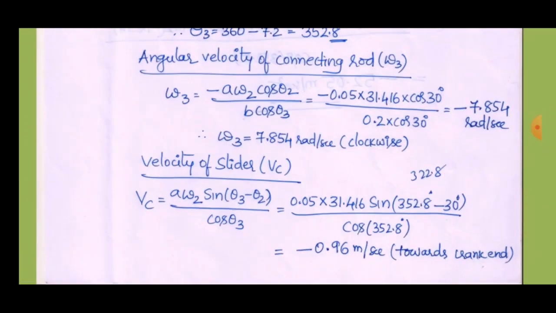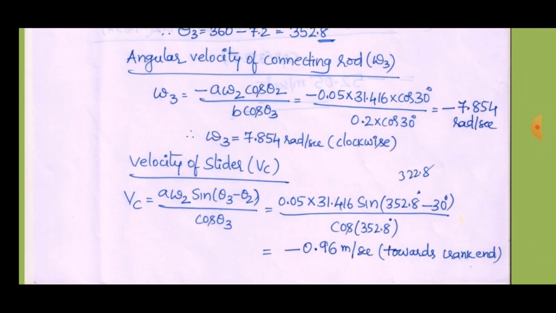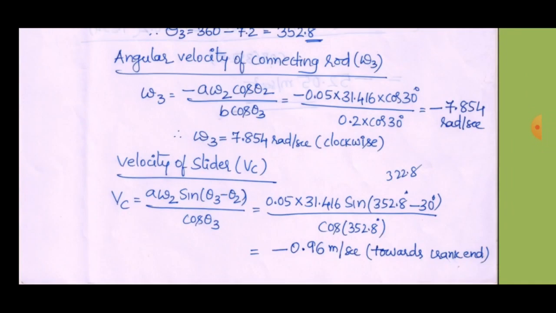Next, after finding the angular velocity of the connecting rod, find the velocity of the slider, that is Vc, equal to a omega 2 into sine of theta 3 minus theta 2, by cos theta 3. Once again, everything is known. If I substitute and simplify, I am going to get minus 0.96 meters per second.